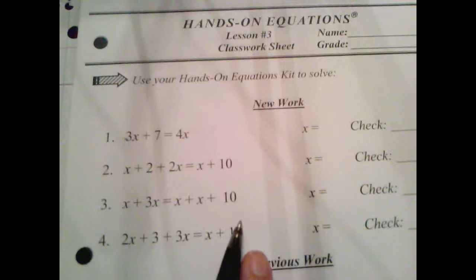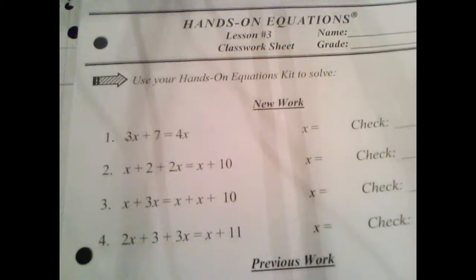So when I set my problem up, instead of using a 10 and a 1, I'm going to use a 3 and an 8. And I think you'll see why when I go to solve it. It will just be much simpler. So I need 2 x's, I need a 3 block, I need 3 x's on the left, and then an x and something that adds up to 11 on the right.